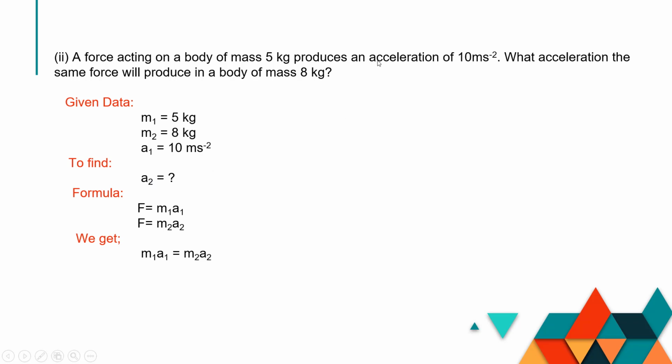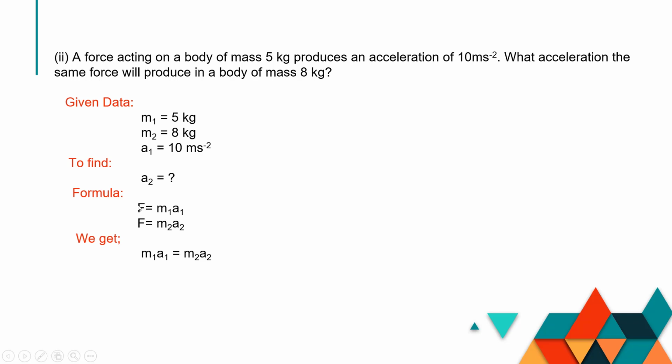In this statement, it is clear that the force will remain the same. So the formula will be F equal to m1 a1 for the first body, and F equal to m2 a2 for the second body.